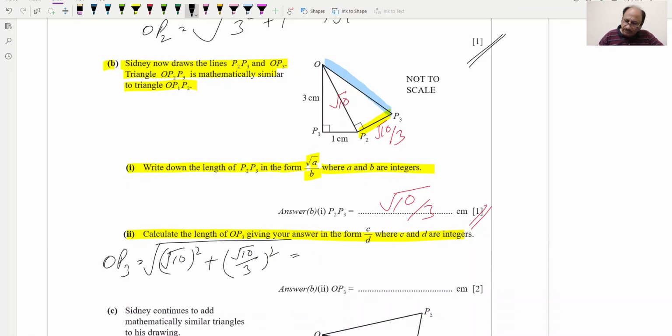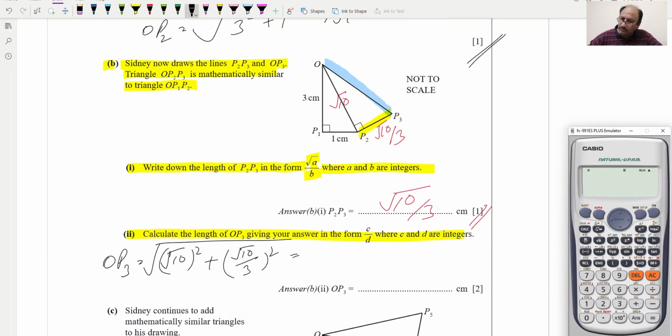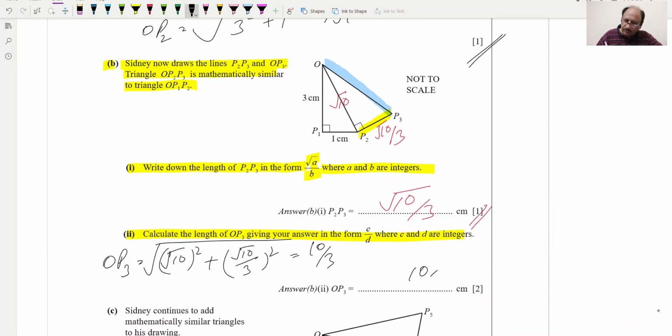We can use the calculator for that: square root of, in brackets, square root of 10, close bracket, squared, plus the fraction root of 10 over 3, close the bracket, squared, and this is 10 over 3. So 10 over 3 will be our answer for 2 marks.